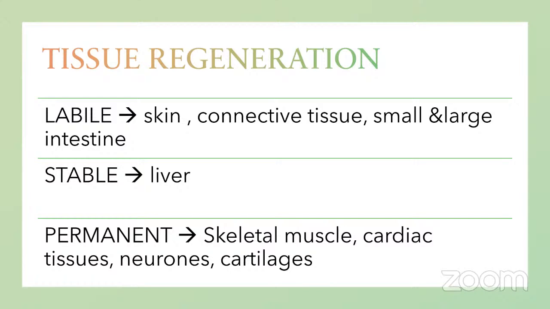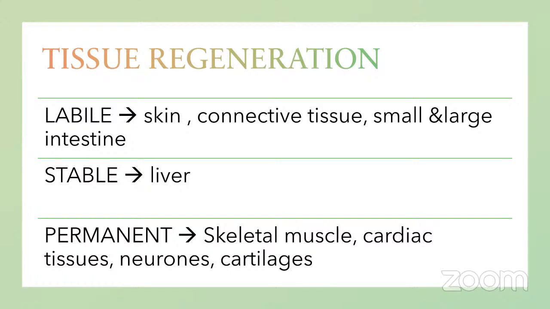They are present in skin, connective tissue, small intestine, large intestine, and so on. The presence of these stem cells gives them the possibility to regenerate even after big wounds. Whereas stable tissues do not have stem cells within them.